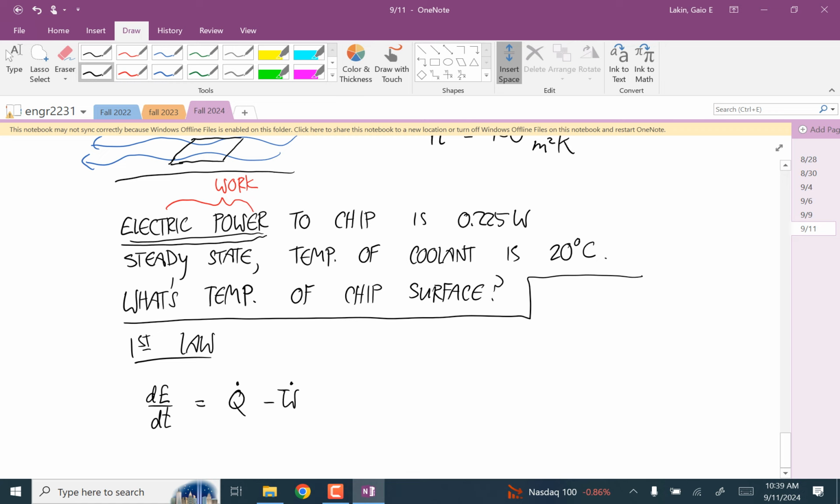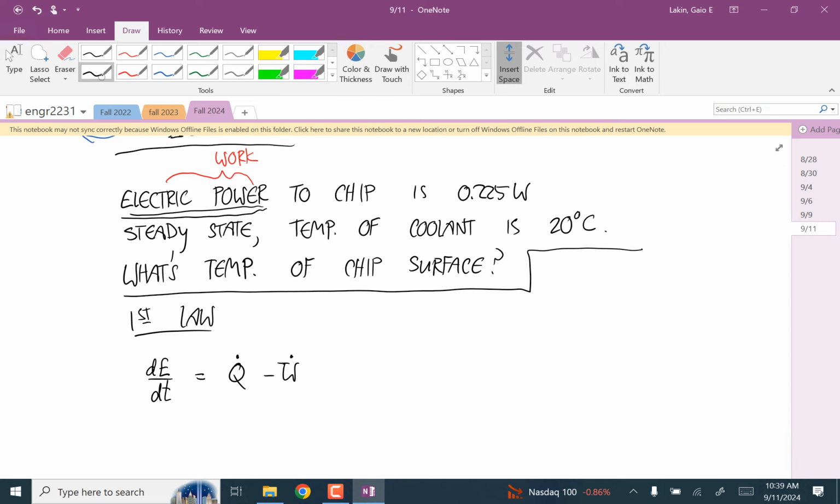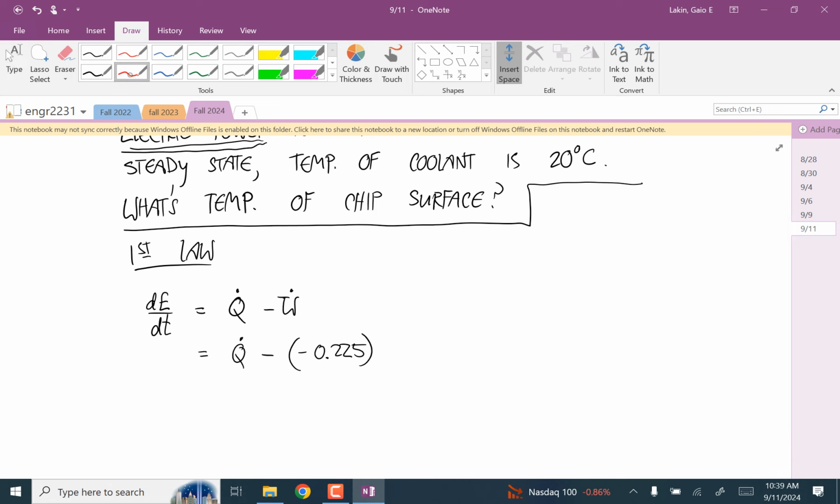So is that positive or negative W? Negative. That's right. W is positive when the system is doing work on the surroundings. The chip is our system. And so this is equal to Q dot minus negative 0.225. And this is steady state, so this is 0. And so Q dot is equal to negative 0.225 watts.